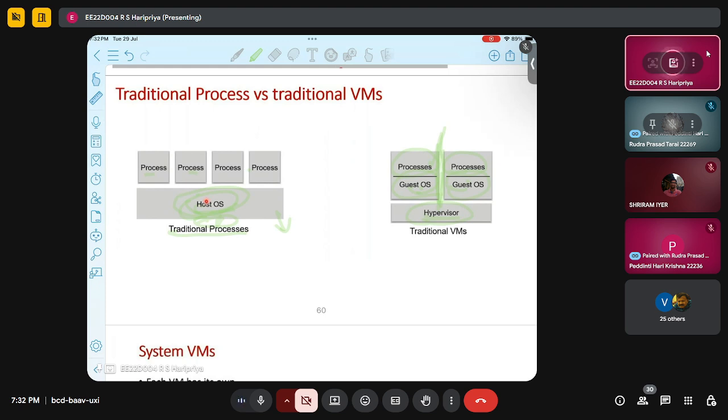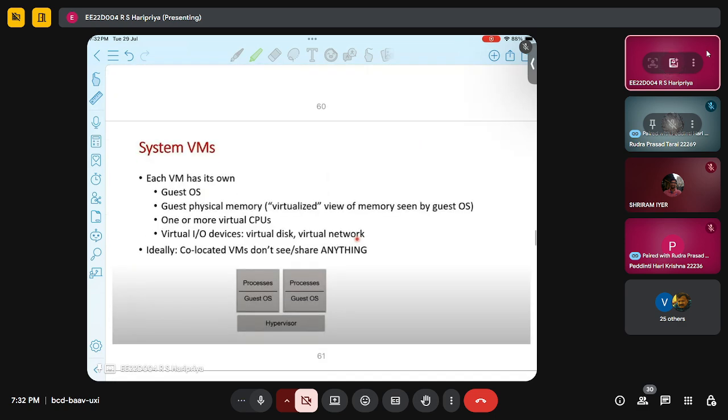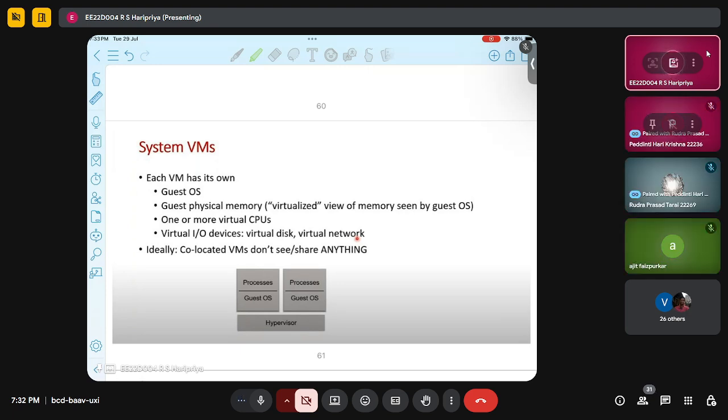So the isolation here is completely rigid. System VMs: the system virtual machine has its own guest OS and its own guest physical memory, which is virtualized.